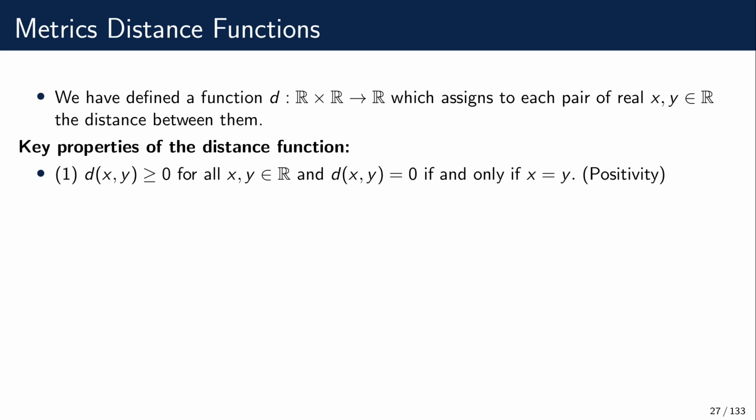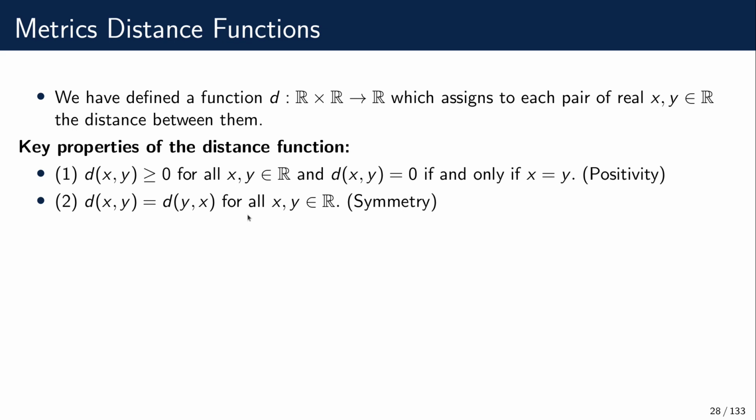Another property is that this function is symmetric. In our intuitive understanding, it is natural to have that the distance, at least the walking distance, between two points would be symmetric, right? But for example, it's not necessarily so for driving distance when you have one-way streets.